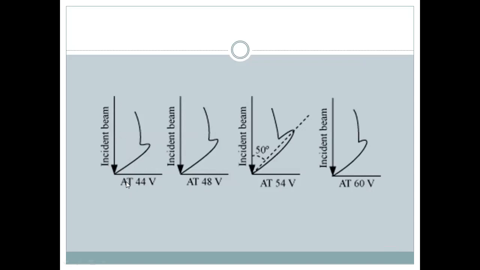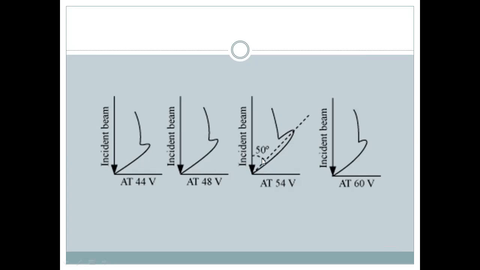As the input potential is increasing, from the graph you can see that a peculiar bump produced in the graph is becoming more prominent as the potential increases from 44 to 48 and from 48 to 54. At 54 you can see a prominent bump in the graph at an angle of 50 degrees.